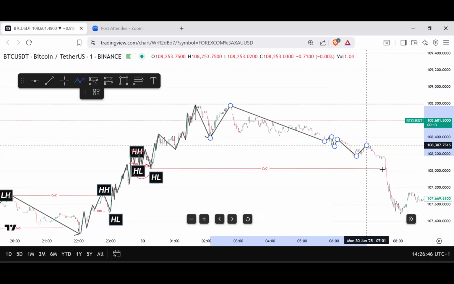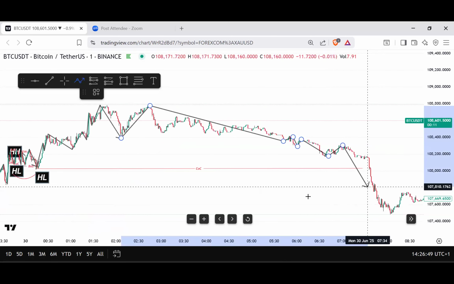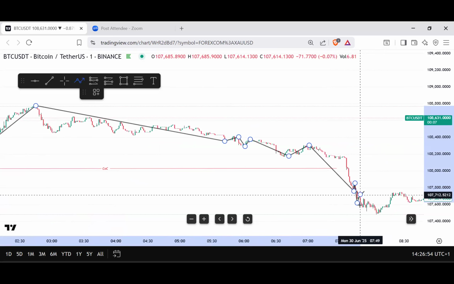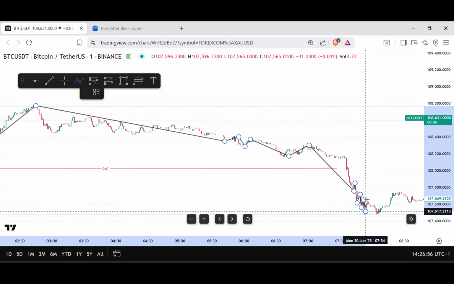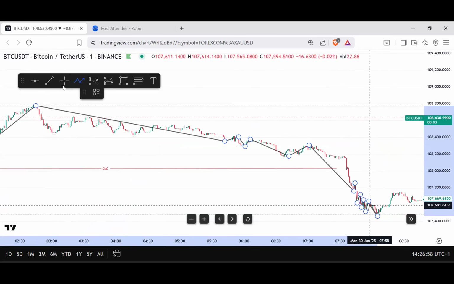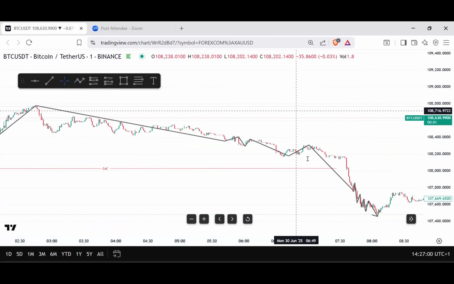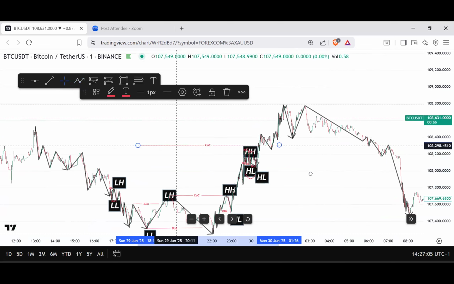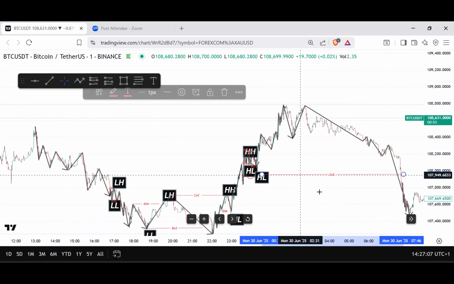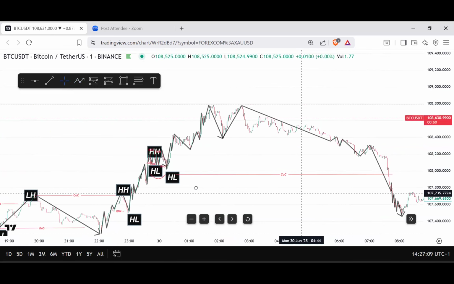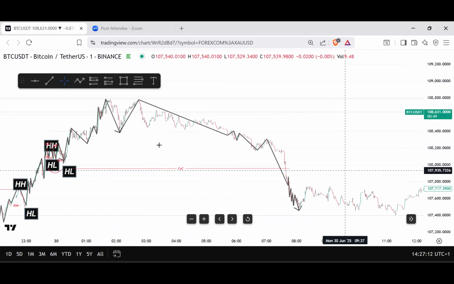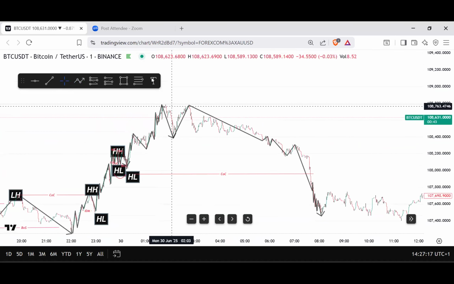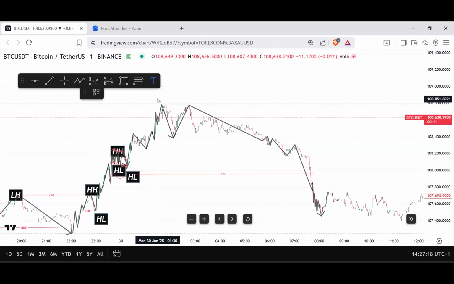Here actually, this kind of place only I have the confusion. So this was the highest point.